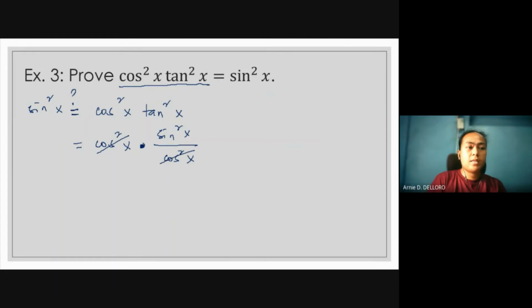Di ba maka-cancel natin to? Okay? Ang matitira lang ay sine squared x. So therefore, we have proved that cosine squared x times tangent squared x is really equal to sine squared x.